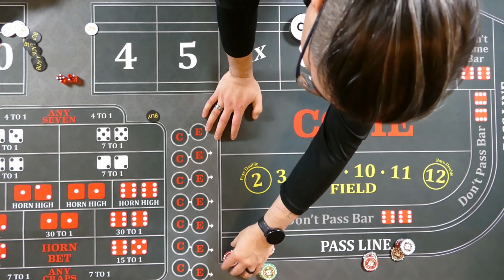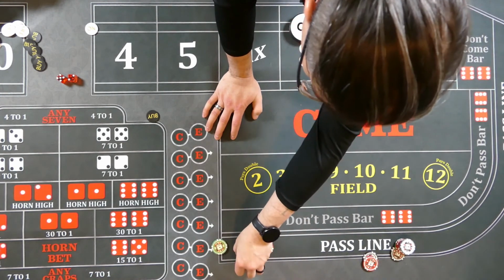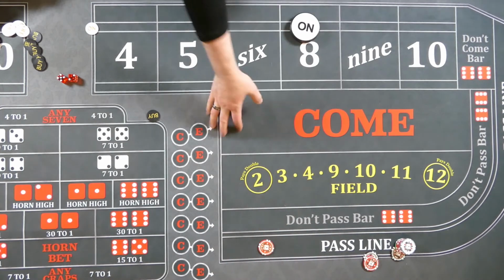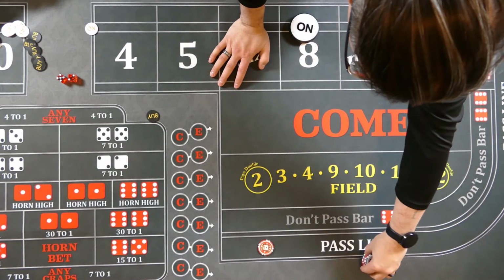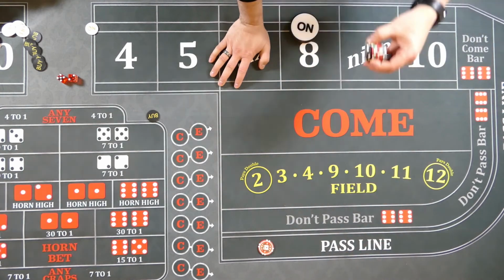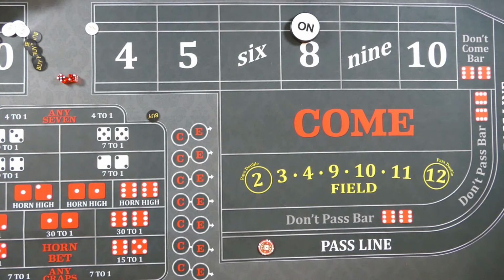How's about the 6 and 8, you may ask? That's an excellent question. Why don't we see if we can figure it out? Some of you guys may notice some similarities between this and come bets versus place bets. That's because come bets are pass line bets. That's exactly what they are. So if you've watched the previous video on come bets versus place bets, then you already know how this is going to turn out.